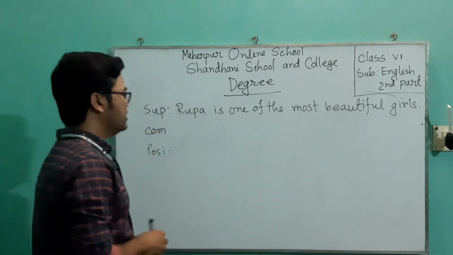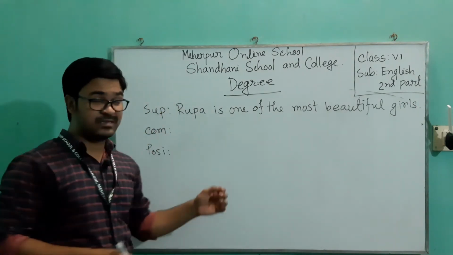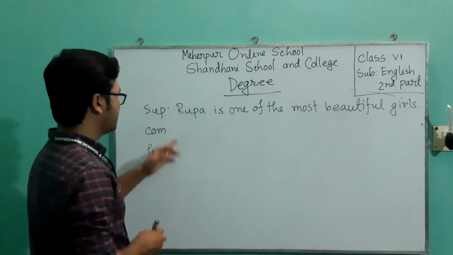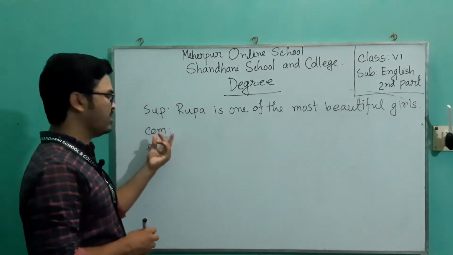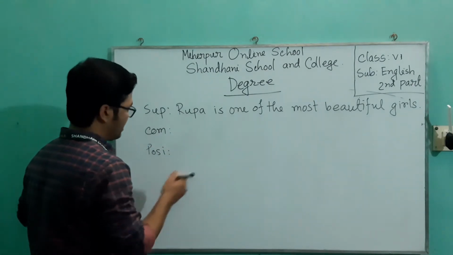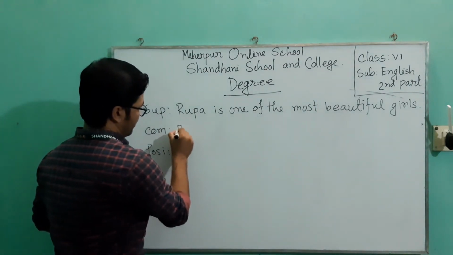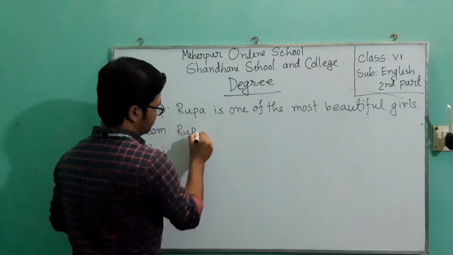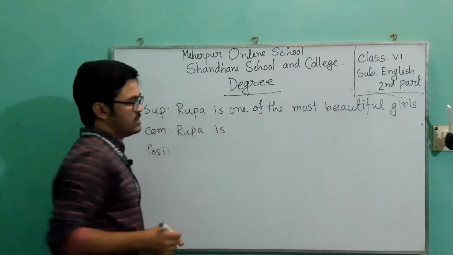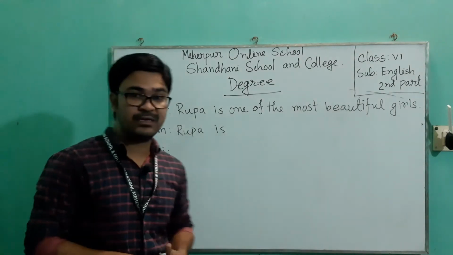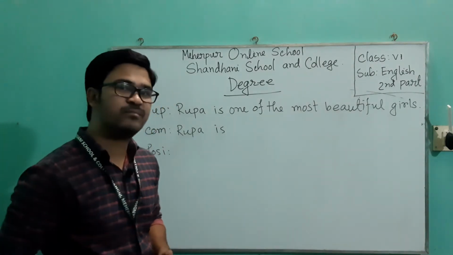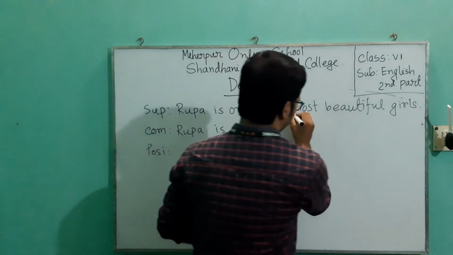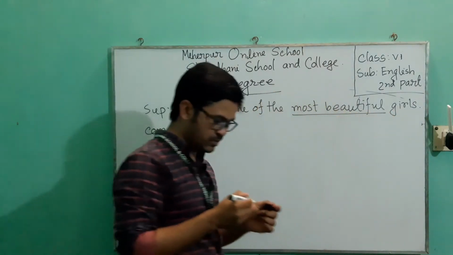Okay, dear students, see this. At first, we have to write subject and verb in a comparative sentence. So I will write subject and verb, subject Rupa and verb is. Then we will write the comparative form of superlative form. Okay, here the superlative form is most beautiful.